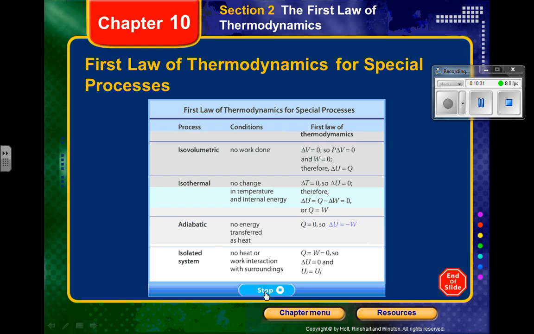If work is done on the system, its internal energy increases, or if work is done by the system, its internal energy decreases. By definition, in an isolated system there is no heat or work interaction with the surroundings. According to the first law of thermodynamics, there is no change in the internal energy of an isolated system.